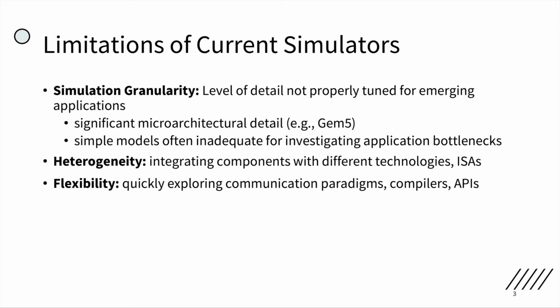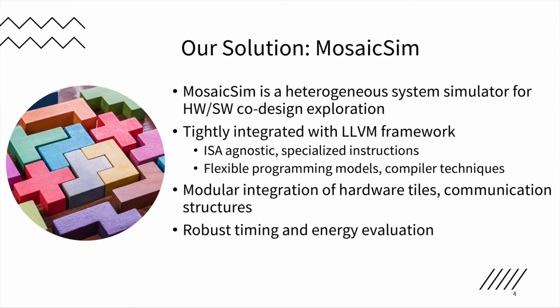Some of them skew too far into modeling core microarchitectural detail, while others may not be robust enough to capture application trends and bottlenecks. Current simulator infrastructures don't allow smooth integration of heterogeneous components that may be running at different clock speeds or using different ISAs. They also don't provide the flexibility that we need for agile exploration of programming models, communication paradigms, compiler techniques, and their interactions with underlying hardware.